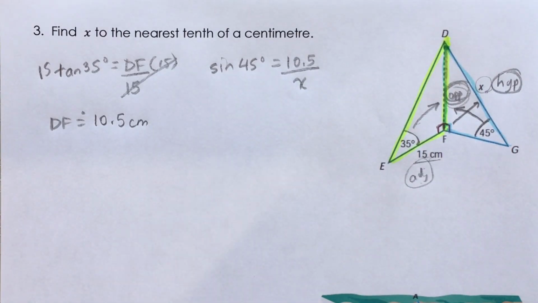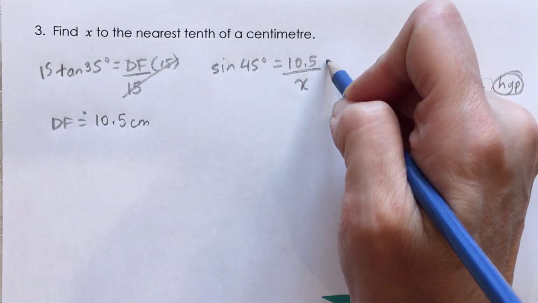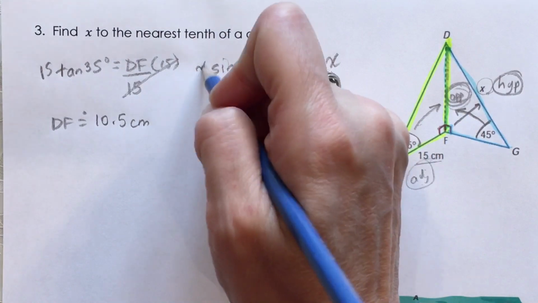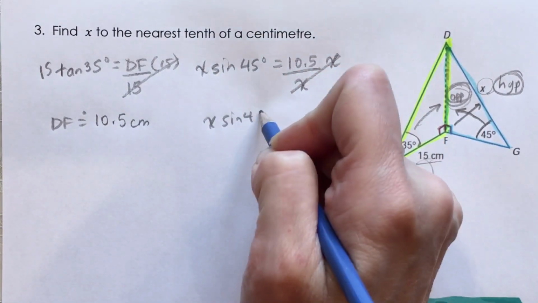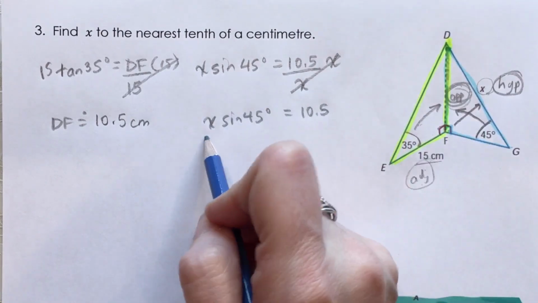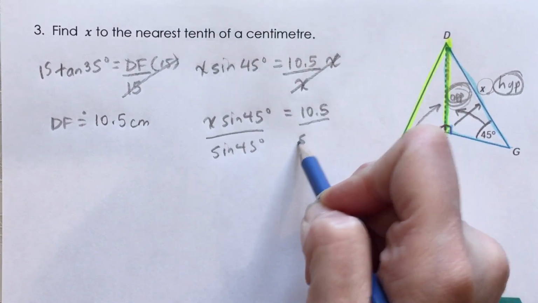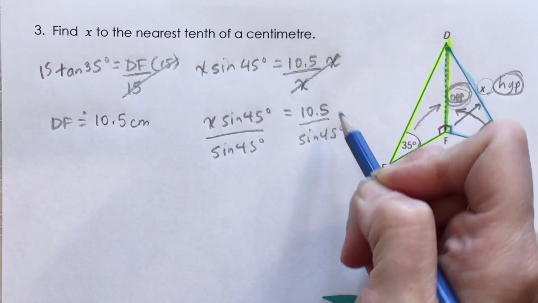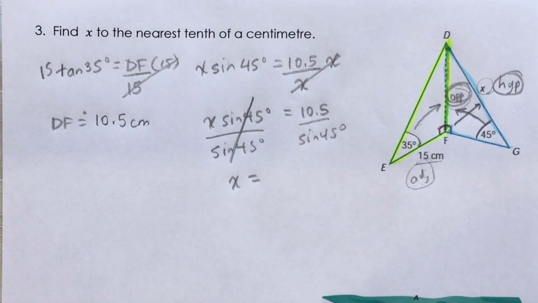So this is the case where the variable x that we want to find is in the denominator. So we would start off by multiplying both sides by x to get it into the numerator. And then dividing both sides by the sine of 45 degrees. So we've got 10.5 divided by the sine of 45.